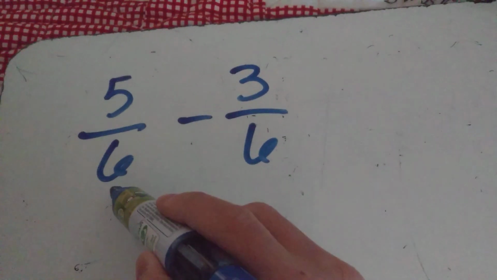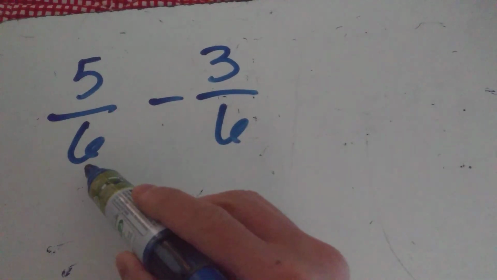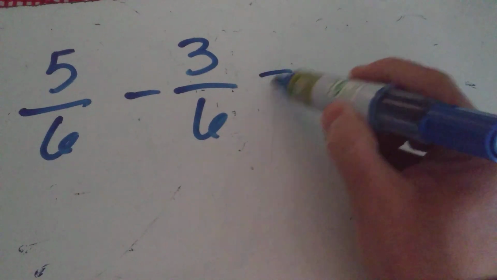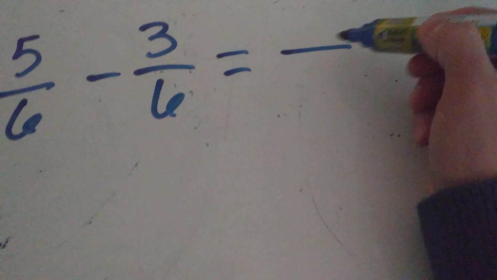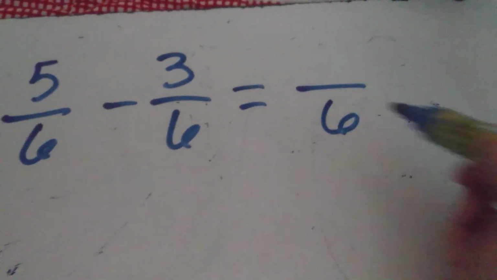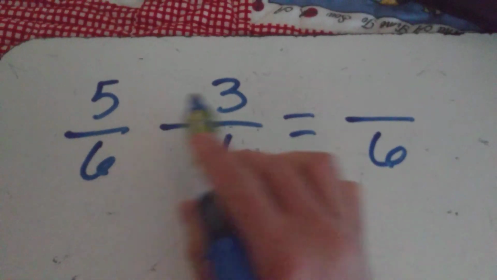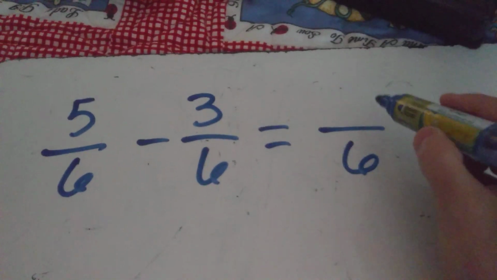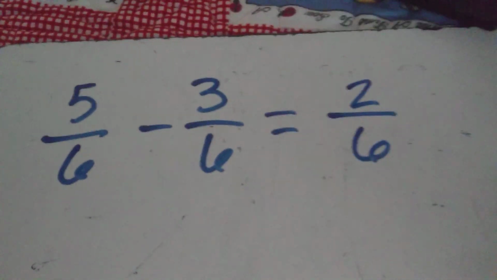Now notice again we have the same denominator. That means we can just go ahead and subtract straight across the top. And so first things first, we're going to put that like denominator so we don't forget it. Becomes a 6. And then 5 minus 3, and that is easy peasy lemon squeezy. That's right. So we get 2/6.